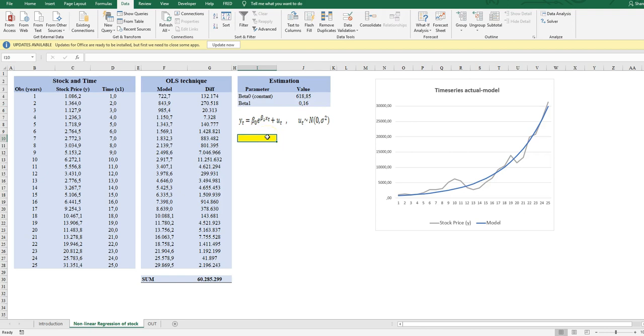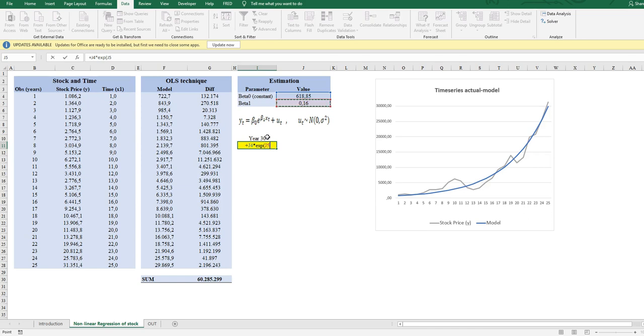So for instance, I would like to know what the price is in year 30. In this case, I will take the model times this value, which can be interpreted as an annual percentage.